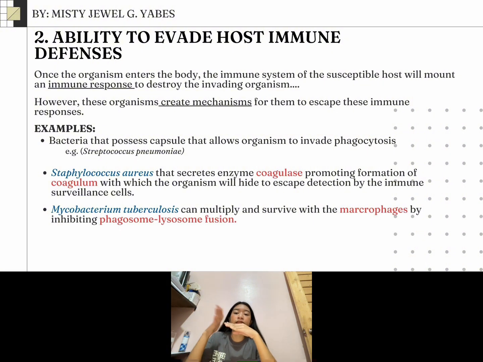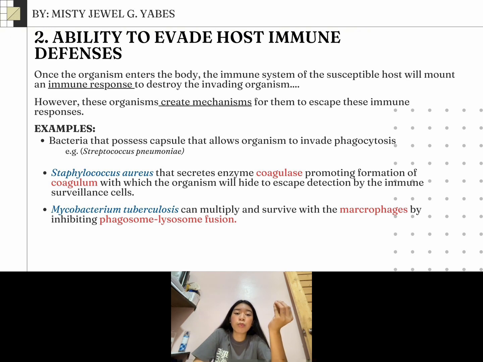An example of this bacteria is Streptococcus pneumoniae, which possesses a capsule that allows it to evade phagocytosis. Okay?